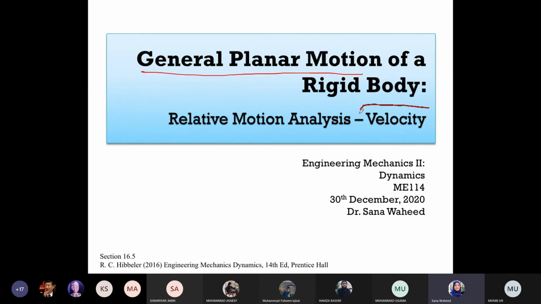One, we're just going to be considering the velocity today, and then later on we'll move to the acceleration. Okay, so for today, let's just jump into how do we figure out what the velocity of a point on a rigid body will be if it's undergoing both translation and rotation at the same time.